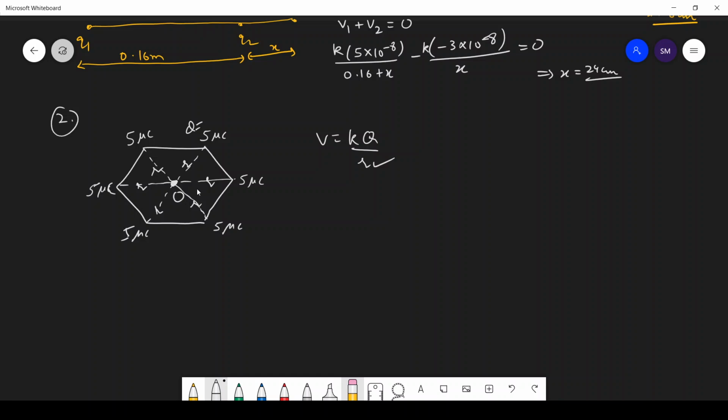Q equals 5, that is also the same, and this is a constant. So this is the potential due to any one of the charges. So net potential will be 6 multiplied by V1, because the contribution will be the same.